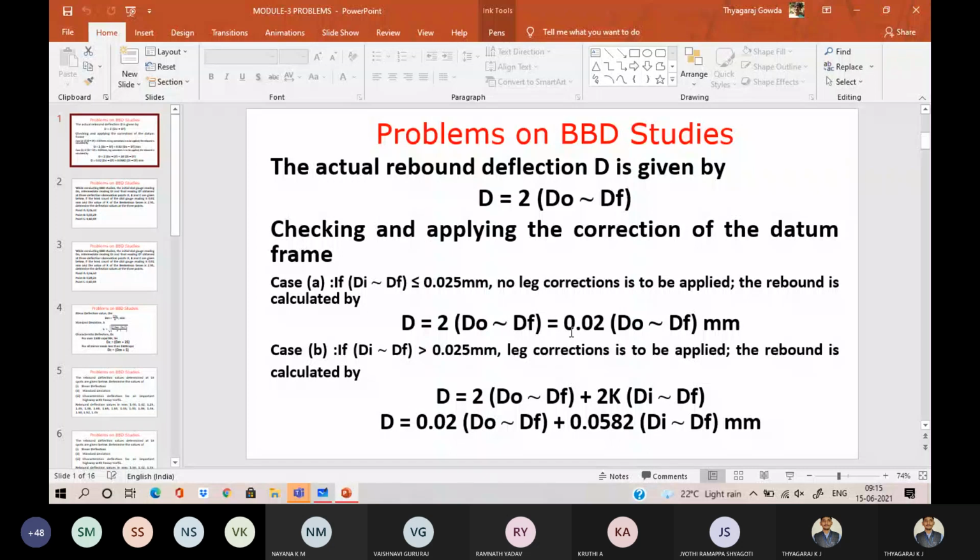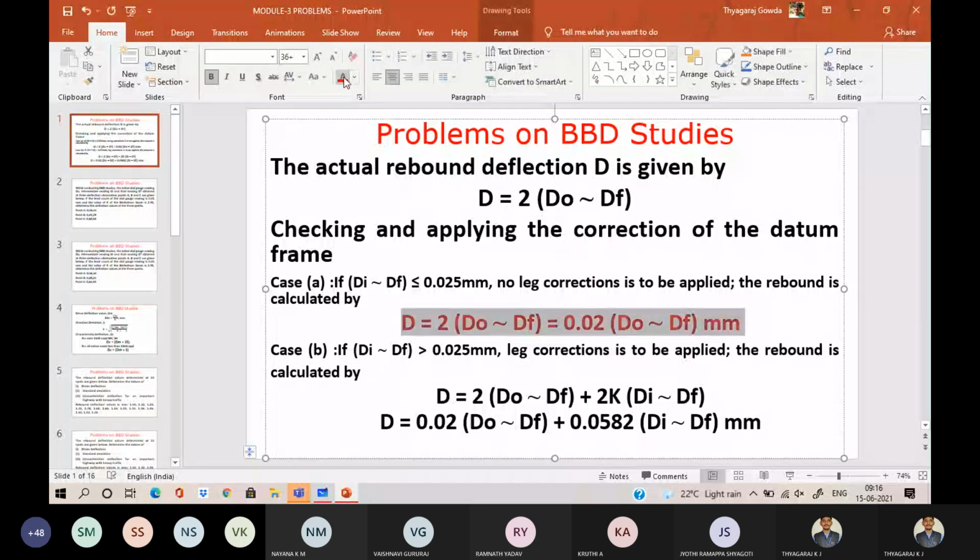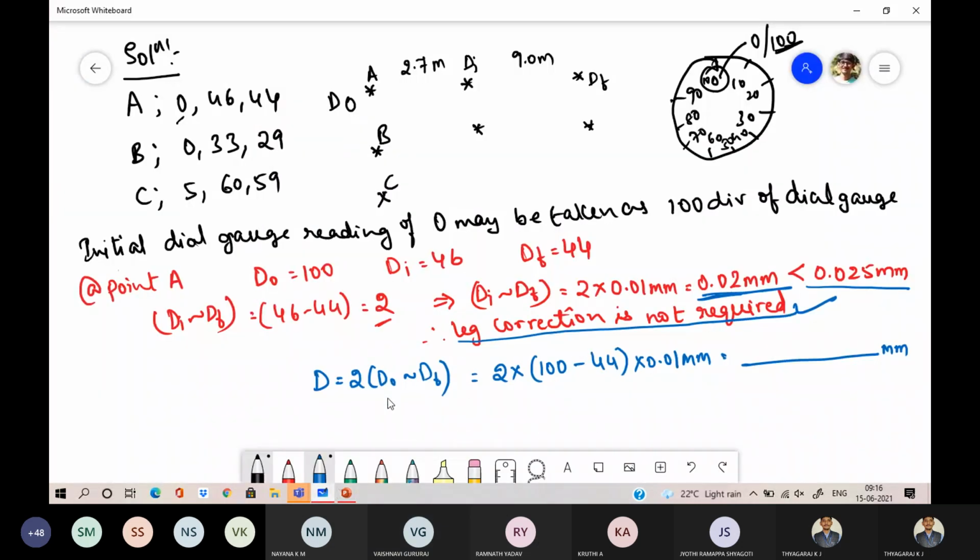Is it clear? Okay, I will highlight the formula. Wait a minute. The same thing I have used here: 2 into D naught minus DF, and I have multiplied by 0.01 mm. So if the leg correction is not required, you can use this formula.